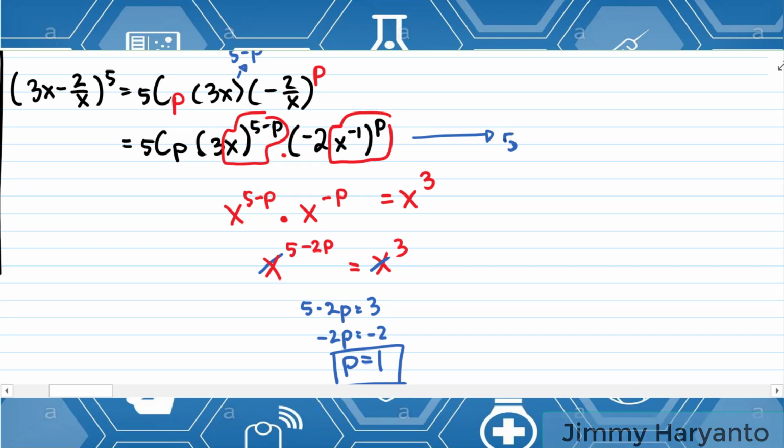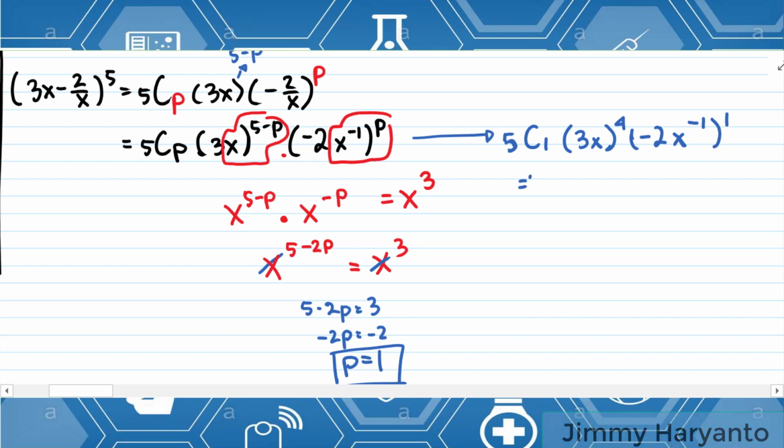After I get p equals 1, I can change these parts into the complete expression. 5C1 in the bracket, 3x to the power of 5 minus 1. 5 minus 1 equals 4, and then for this one, negative 2x to the power of negative 1, to the power of p equals 1.